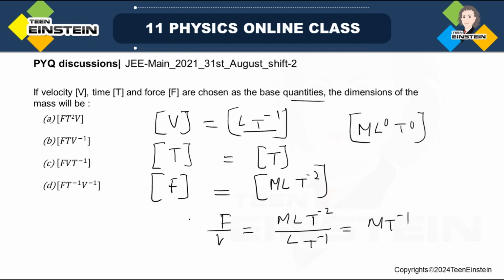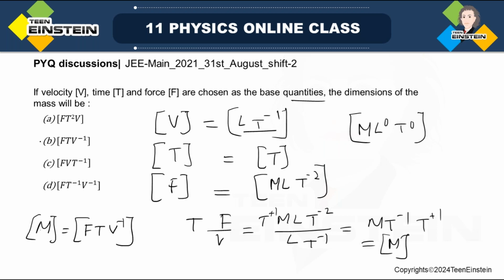Now if I multiply with this t, T to the power plus 1 will be multiplied here, so you will get the dimension of mass. So I have the dimension of mass from F t v to the power -1. Look, option B will be the correct answer for this question.